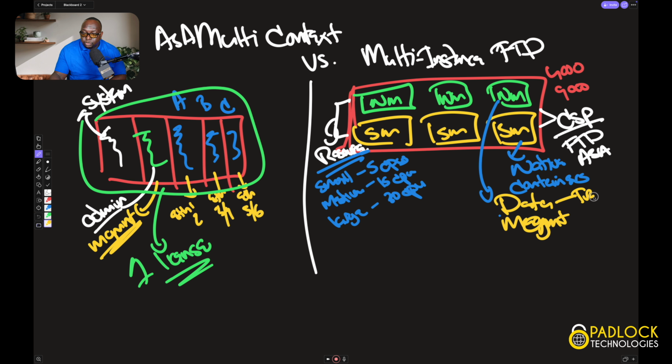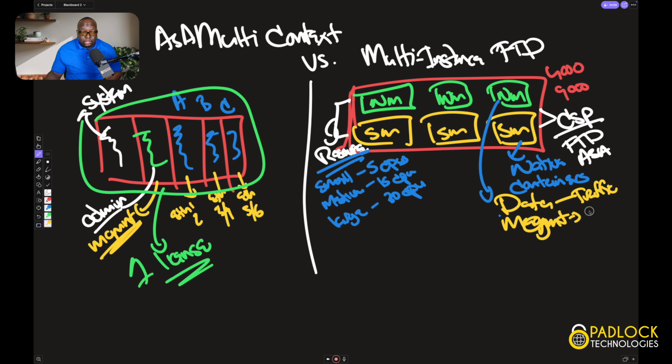That's what traffic goes through. And each instance needs to have its own respective management. That's what I would do. Now you can share it, but you need to be careful with the sharing because it can get a little wonky from what I saw last time. But you can have separate management ports for each FTD instance that you put on here.